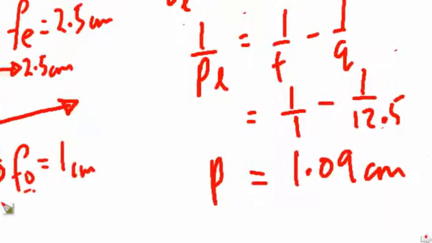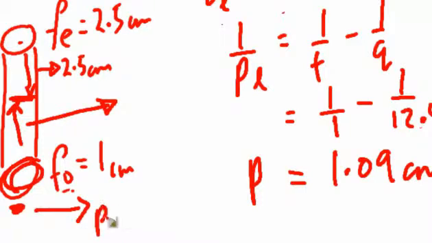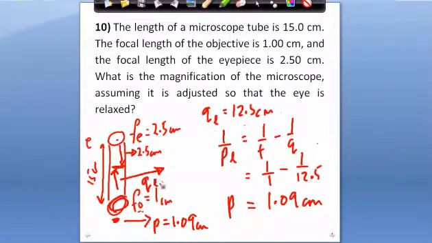And you'll see that your P comes to 1.09 centimeters. So after you have found the P here, which is 1.09 centimeters, and we have found the QL, which is 12.5.